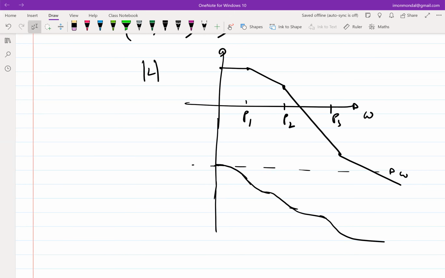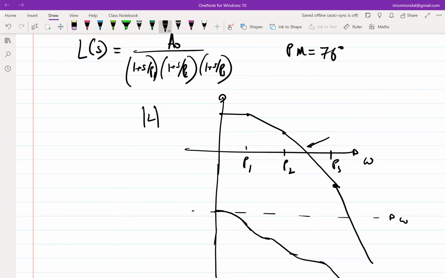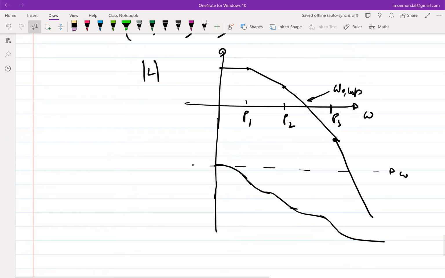What should I see? So go like this, right? So now if I have to find out the phase margin, then what should I see? Find out omega U loop. So the way I have sketched it, omega U loop is here. So now what is the next thing that I need to see?